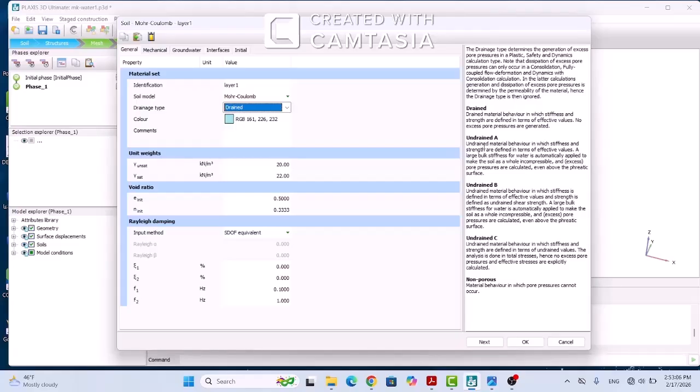But here in this model, to calculate bearing capacity, the stiffness is not important and deformation is not important. So the key factors are related to strength parameters, C and phi, for example. And in this example, we can use undrained A, undrained B, and undrained C. If we use undrained A, we must use effective parameters for both stiffness and strength.